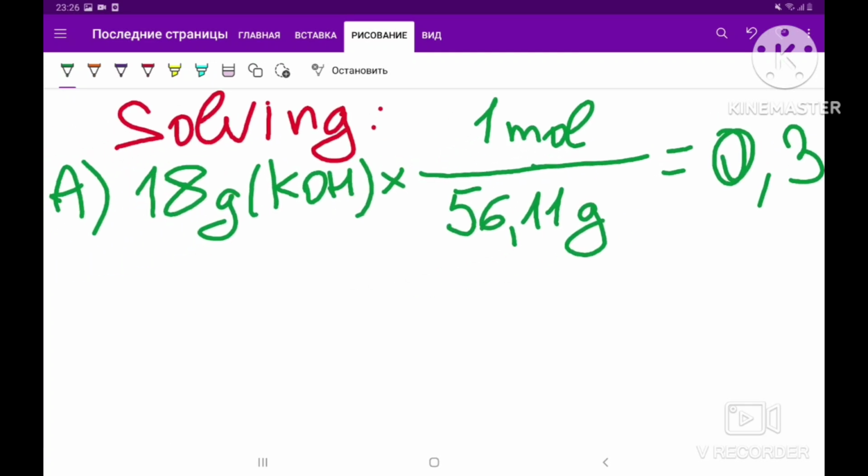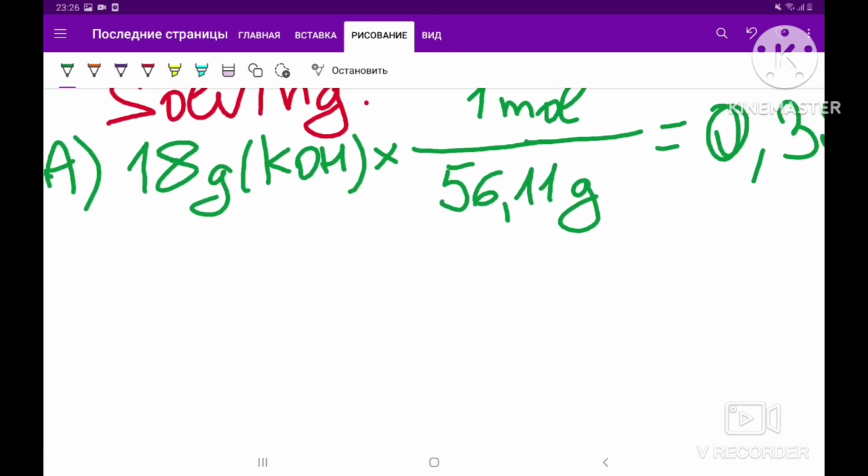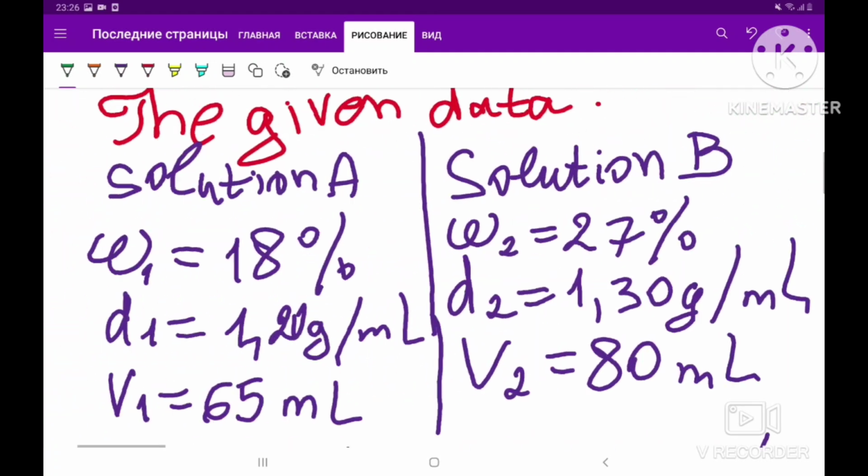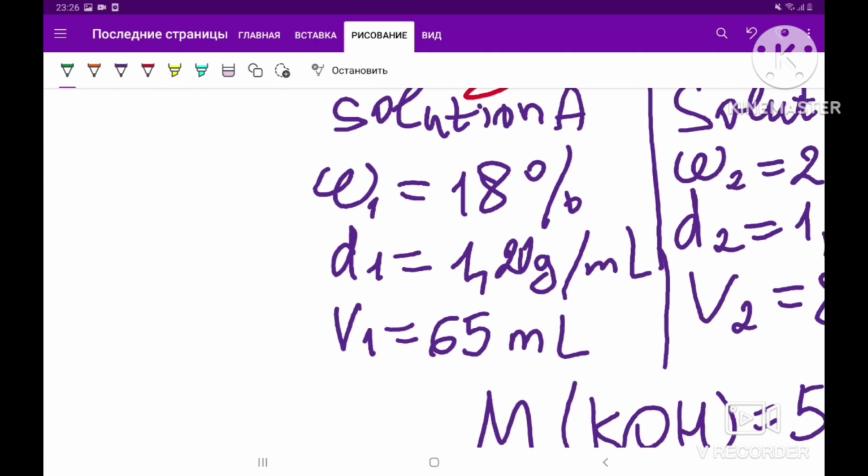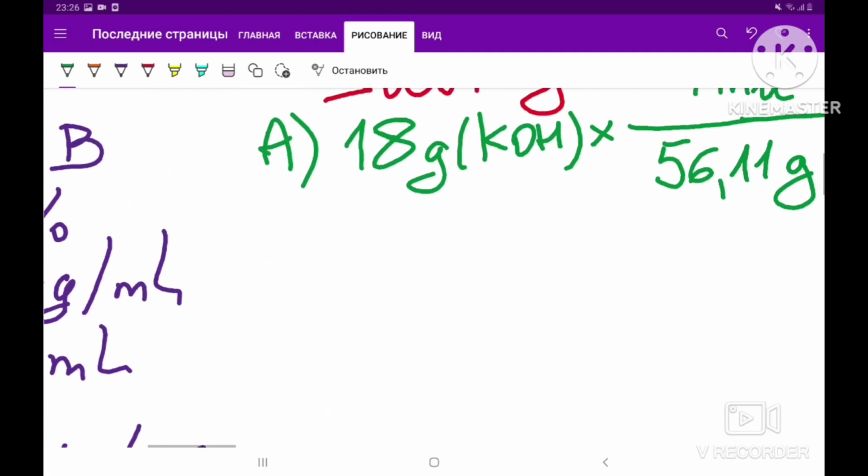then what we do next, the volume is given, 65 milliliters. Density is also given.